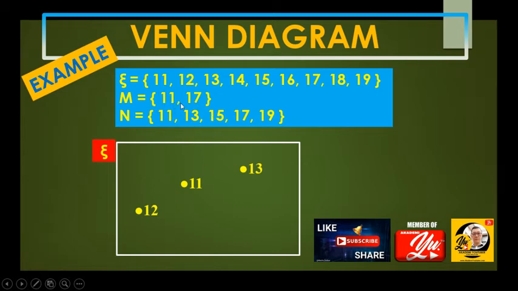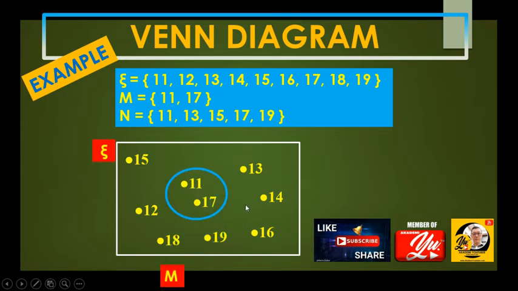So these two elements we put together and make a circle. 11 and 17 we use a circle to represent. This is set M.